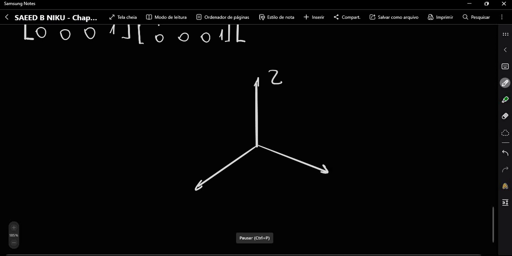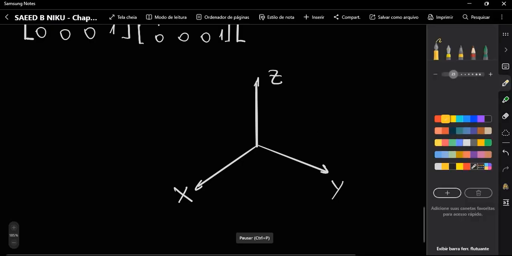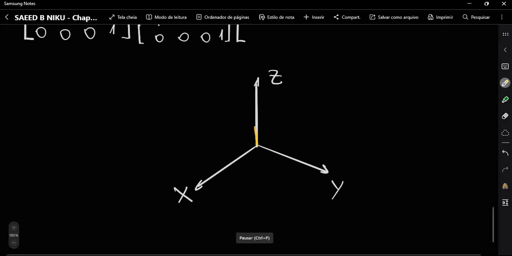When we are dealing with these situations, we just need to write the reference system. So let's just remember the direction of this unit vector of this axis.